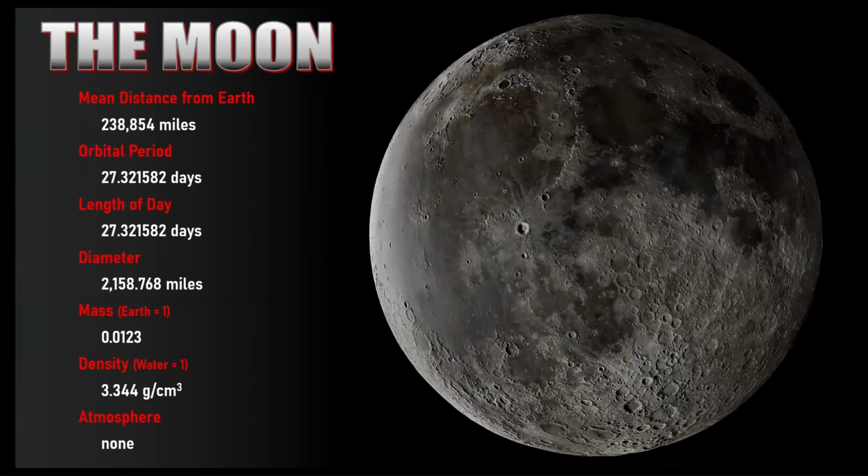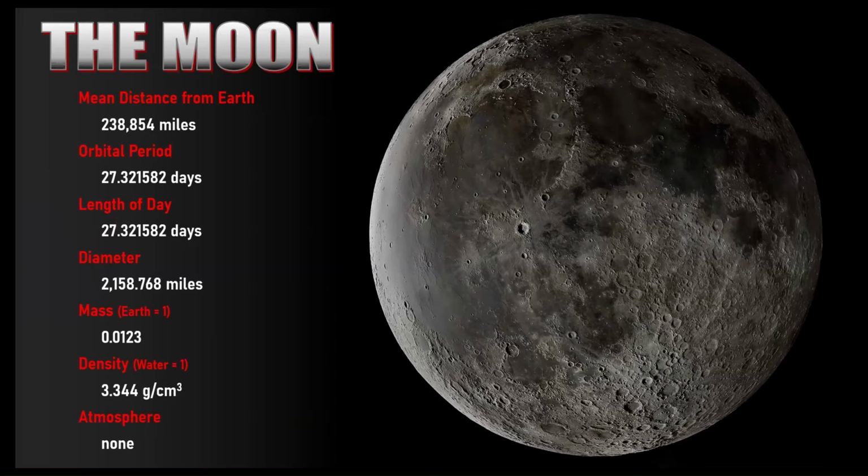Now we'll go on to our nearest celestial neighbor, the moon, which of course does have a name, Luna, but we always, for some reason, call it the moon. I think we should call it Luna, but oh well, that's just me. So yes, the moon is the nearest celestial body at about 239,000 miles away. And notice the time it takes to orbit Earth and the time it takes to rotate are exactly the same.